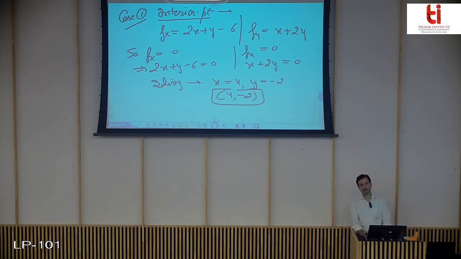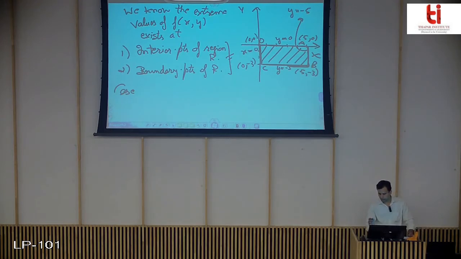So here you take the partial derivatives, put them equal to 0, solve the equations, and you get the point (4, -2). And now you see here, (4, -2) is somewhere here. X coordinate value 4, y coordinate value minus 2.